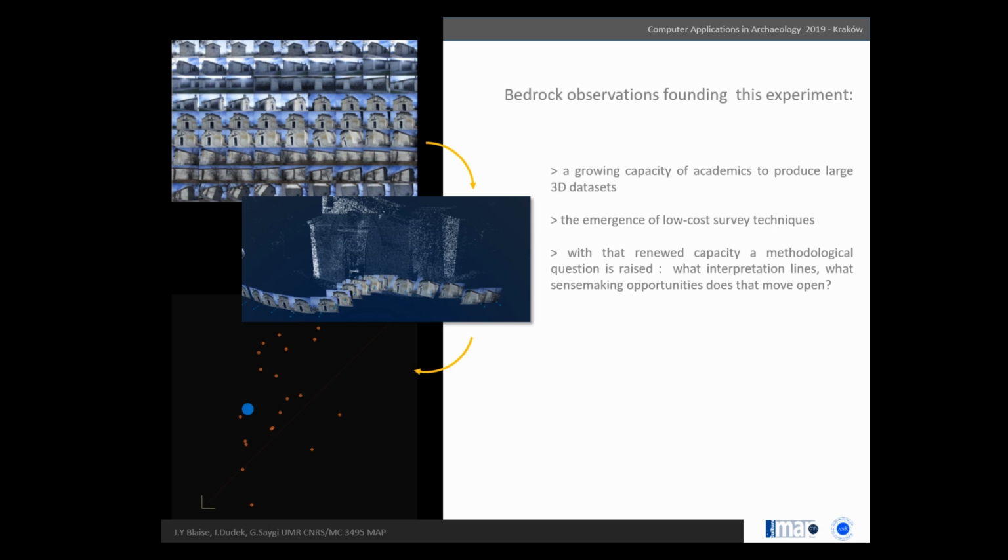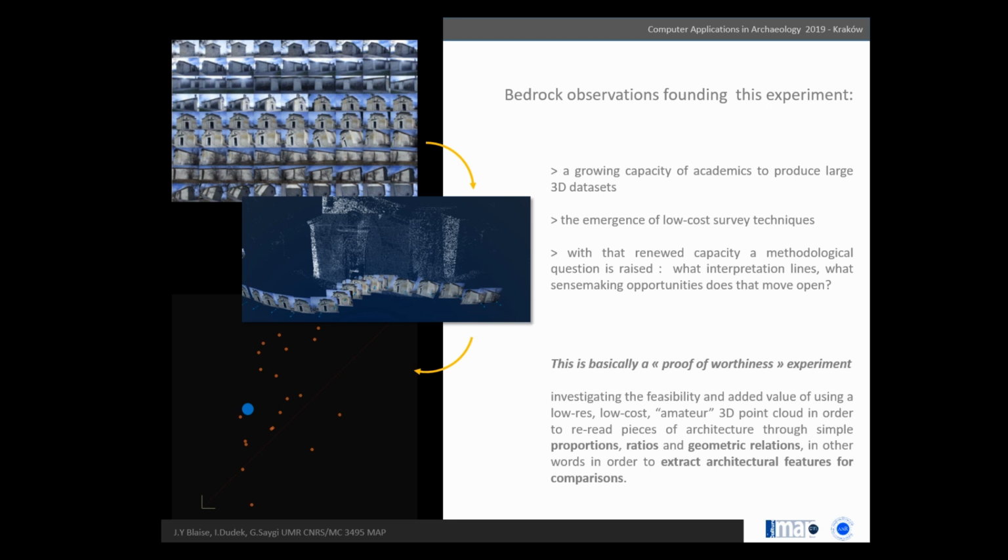What new opportunities as researchers, as analysts of architecture, does that open? So this experiment is something like investigating the feasibility, but more important, the added value of using a low-cost 3D survey protocol in order to reread pieces of architecture through proportions, geometrical relations, ratios, etc.